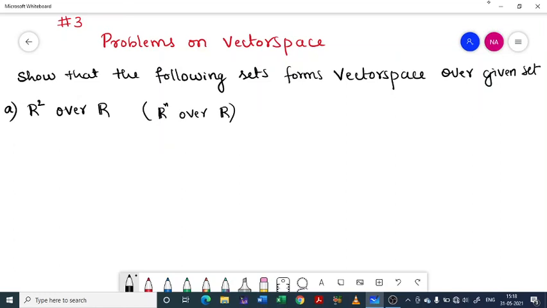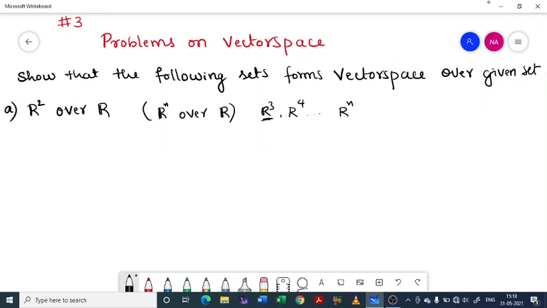Usually they don't ask higher orders like R power 4 or 5. They will ask either R cube or directly R power n.